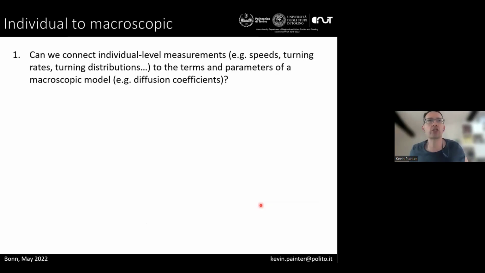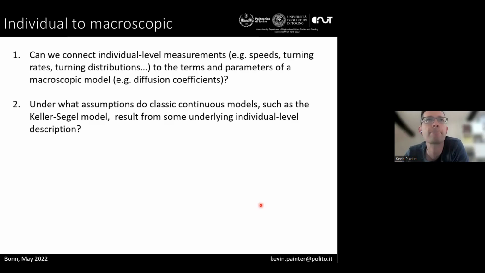So here are our questions. One, can we connect individual level measurements such as speeds, turning rates, and turning distributions to the terms and parameters of a macroscopic model, such as diffusion coefficients? Two, under what assumptions do those classical continuous models, such as the Keller-Segel model, result from some underlying individual level description?